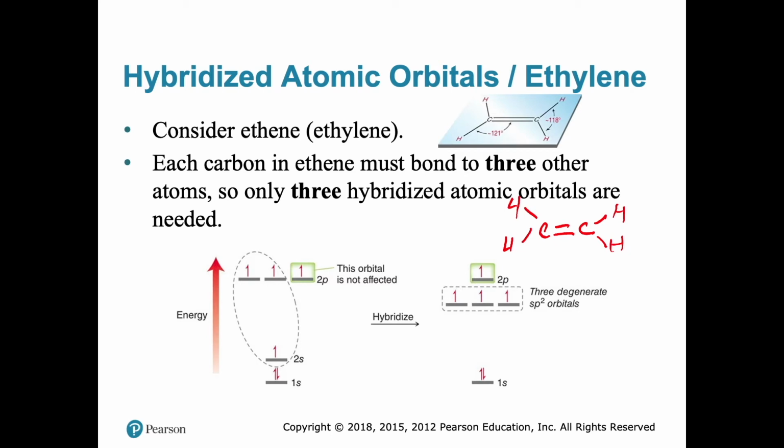But since this is a double bond, you don't actually have to worry about that p orbital electron for the hybridization. What only gets hybridized is the 2s orbital and the 2px and 2py orbitals. The 2pz orbital stays at the higher energy.